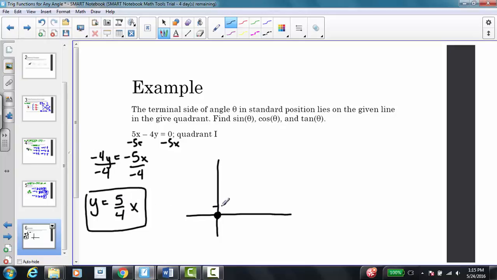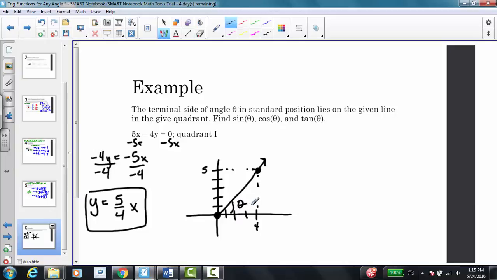So rise 5: 1, 2, 3, 4, 5. And then run is 4: 1, 2, 3, 4. So now I have my points, and I can draw the terminal side of my angle.